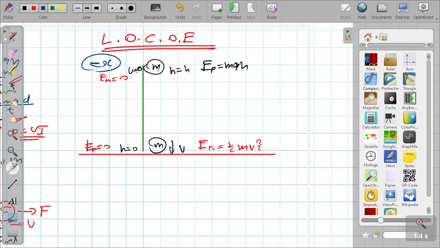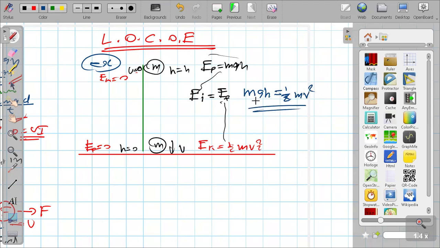So as I told you, the law of conservation of energy means the initial energy should be equal to the final energy. Initially it was this one and finally it is this one. So you can merge these two together: mgh should be equal to half mv square. Just leave it, don't cancel m and m, because you have to understand potential energy should be equal to kinetic energy in this case. Understood the concept?